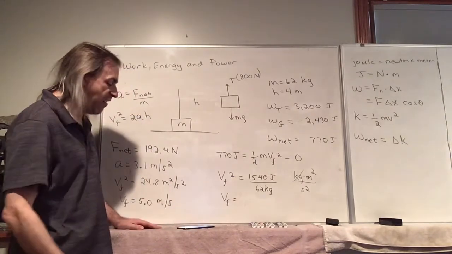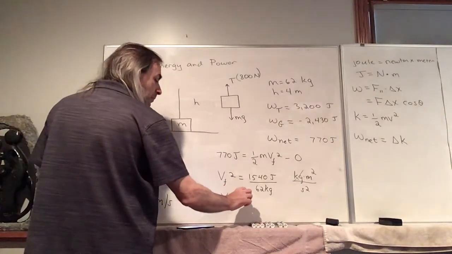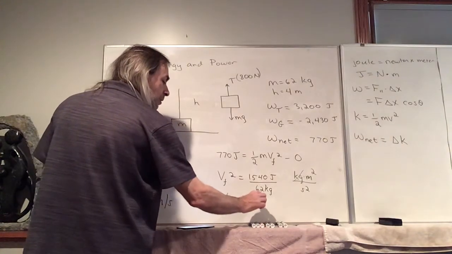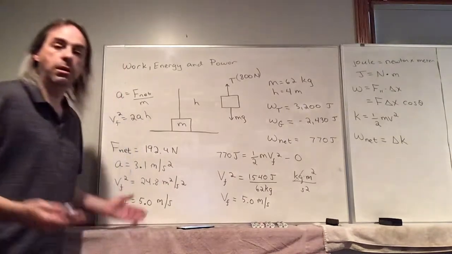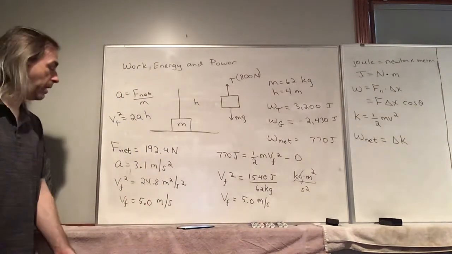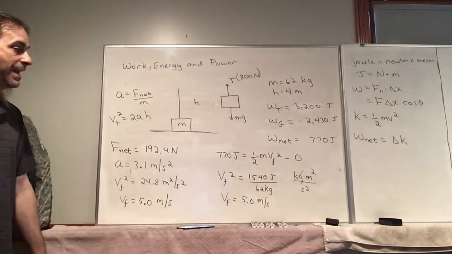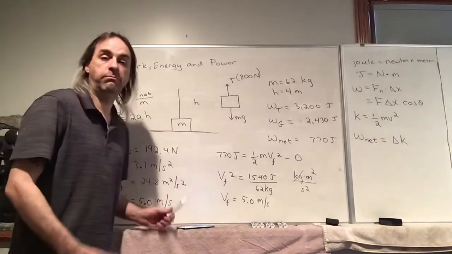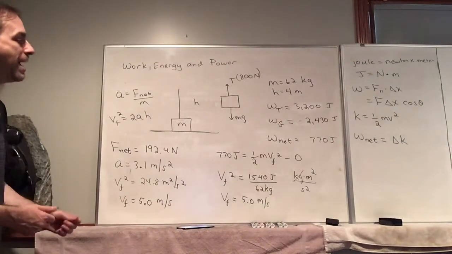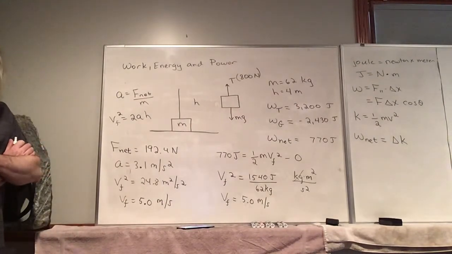Yeah, we get 5.0 again. So I have no idea what I did earlier in going from here to here. I made some mistake, but you can see we get the same result using just kinematics, like net force and kinematics, or the work energy theorem.